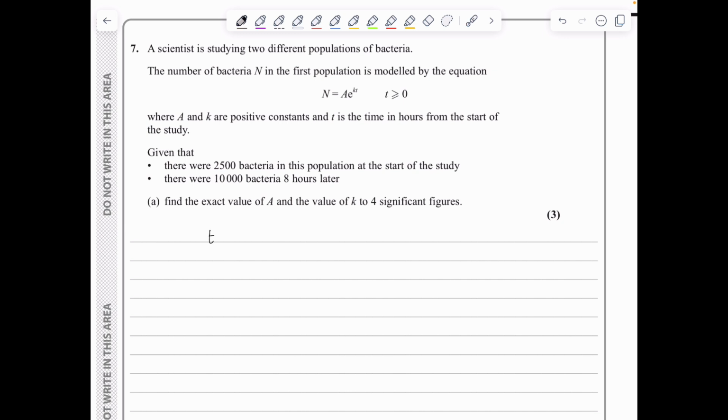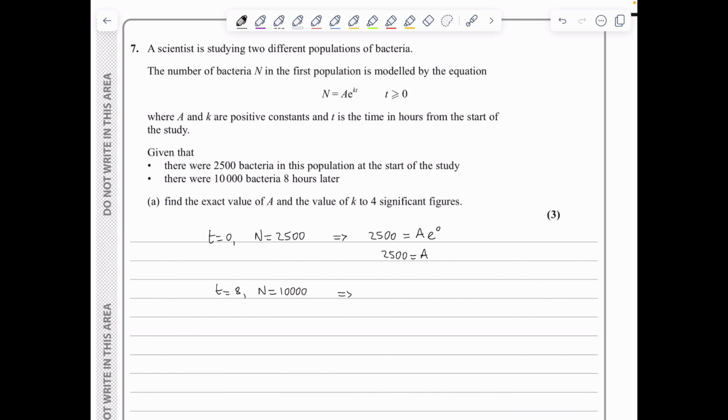We have been told that when t is 0, then capital N is equal to 2,500, which means that if I substitute in the given equation, we get 2,500 is equal to A e to the power of 0. And therefore, we conclude that the value of A is 2,500. And then the second piece of information, we are told that when t is 8, then capital N is equal to 10,000.